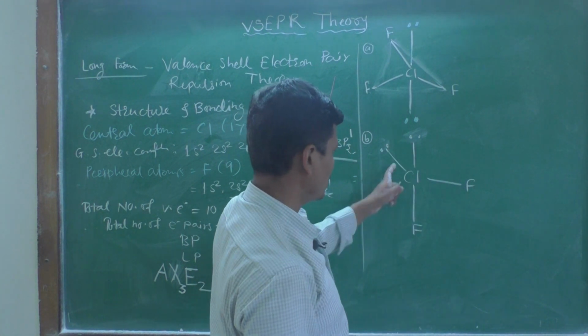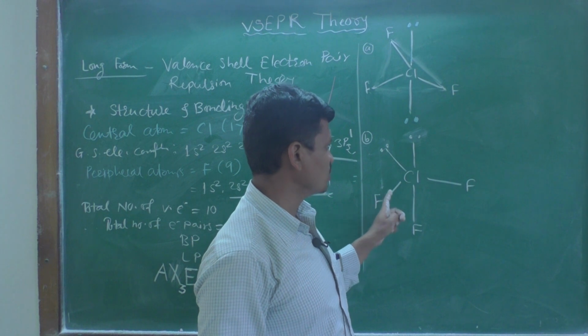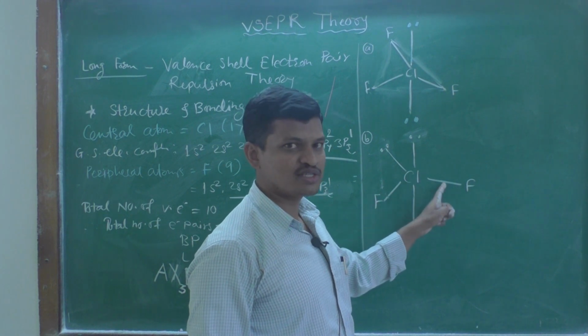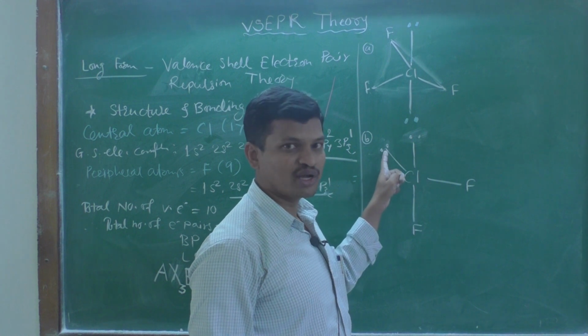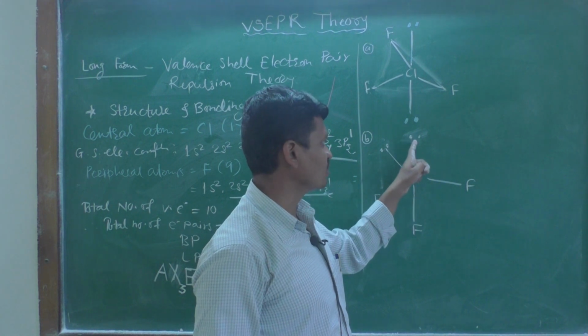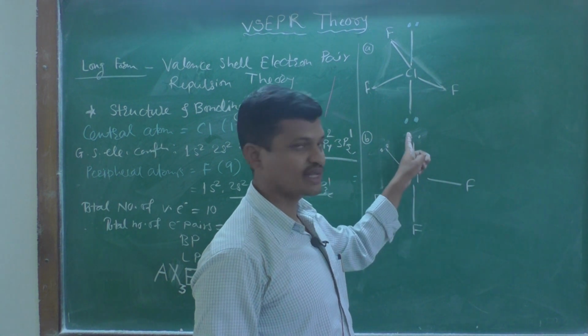Again, five total electron pairs are there, out of which two are bond pairs and one lone pair is at equatorial, and on the axial position one is a bond pair, another is a lone pair of electrons.